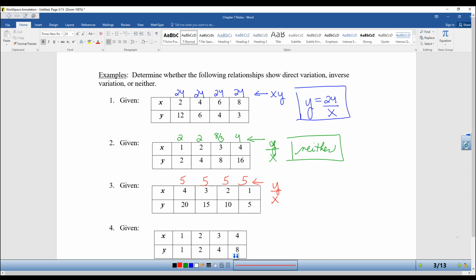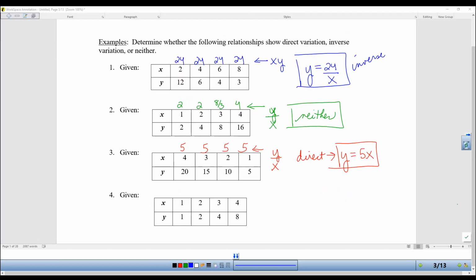And it does work. So it is direct variation. In my equation, I've just found my constant of variation. So we write that as y is equal to 5x.